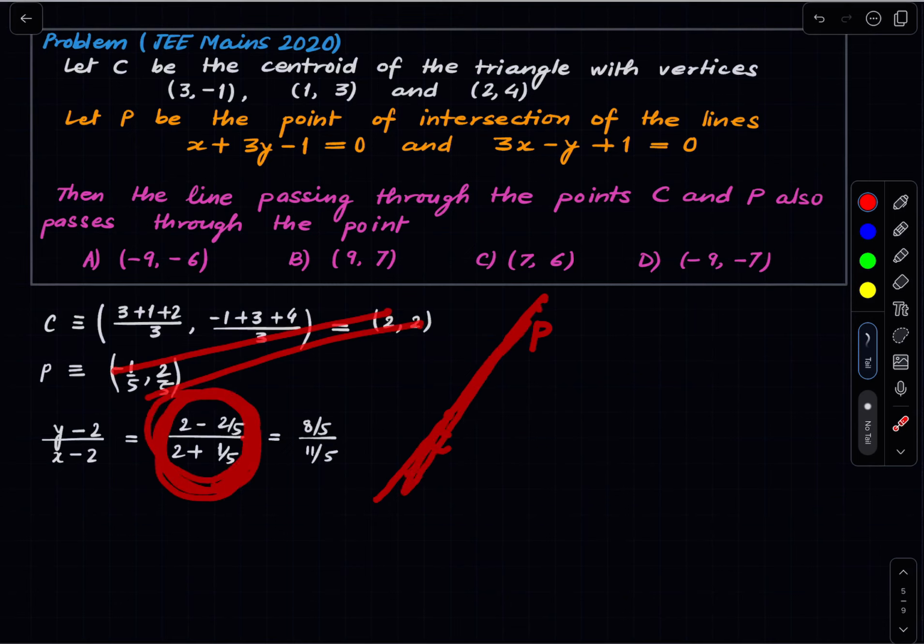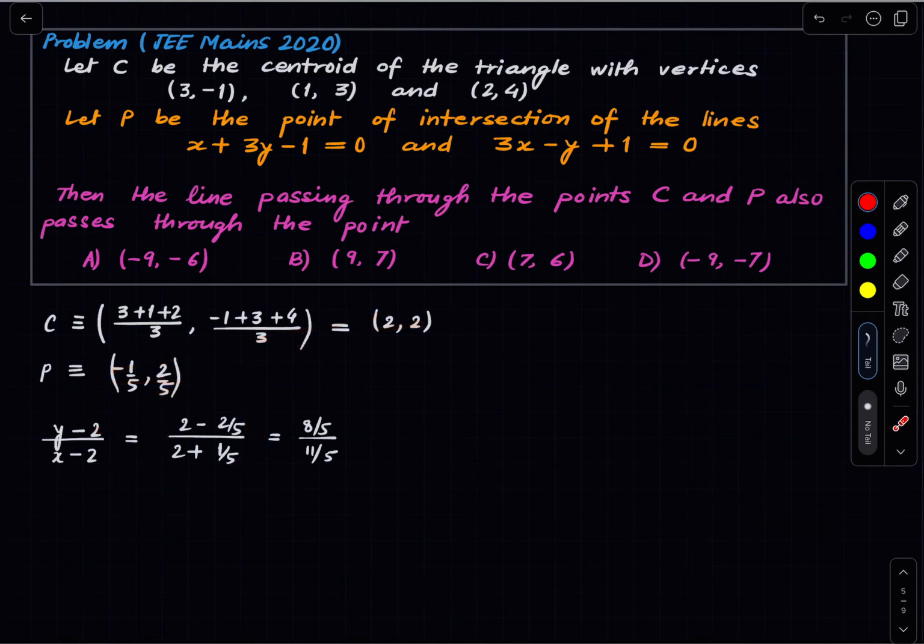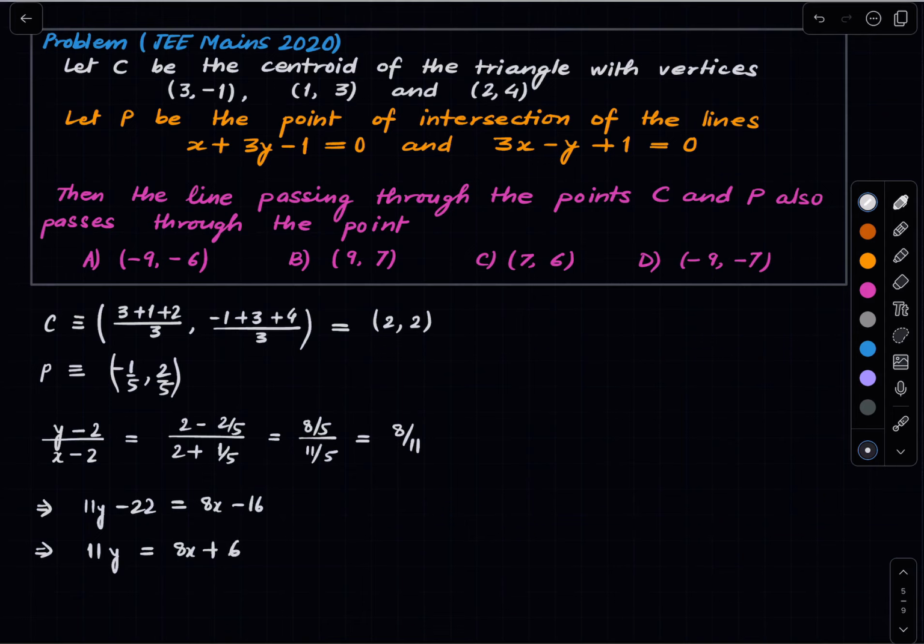So that's the slope of the line PC, and 2, 2 is a point through which this line passes. So we have this equation. Okay, wonderful. So this equals that, and this equals that, which is 8 by 11. So we get 11y minus 22 is equal to 8x minus 16, and therefore the equation is 11y equals 8x plus 6.